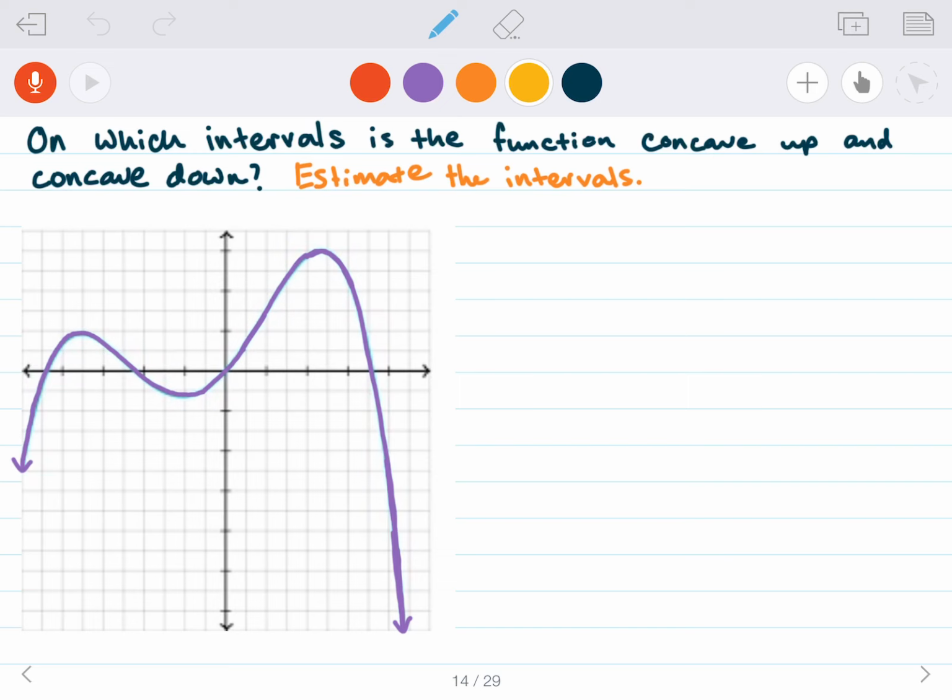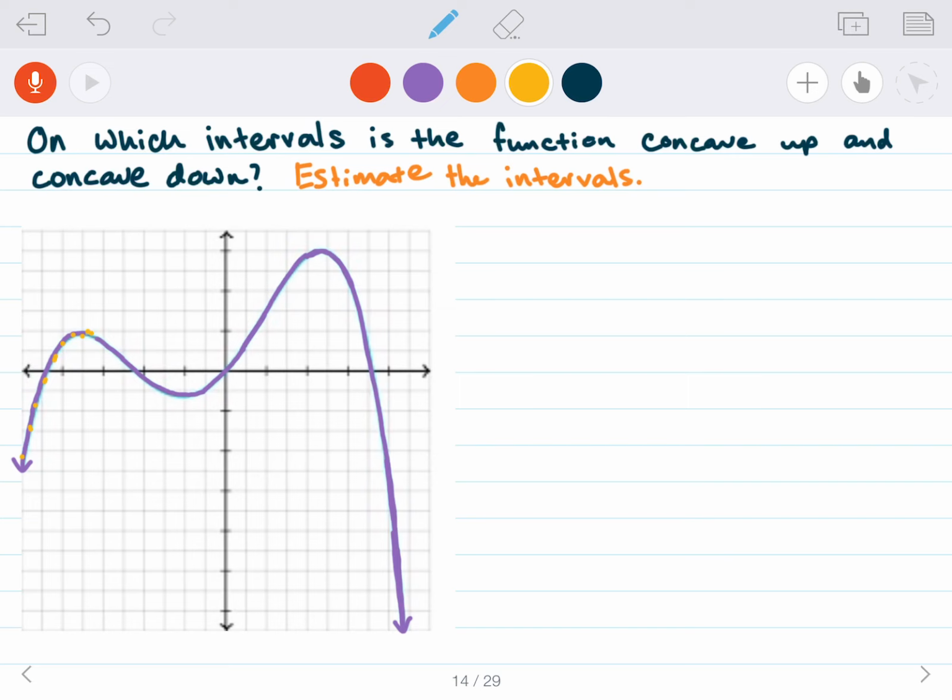And if I start from the left, it looks like we're frowning, frowning, frowning up until I would say it starts to smile. See, this is why we're just estimating. It's okay if it's not exactly perfect because we're just estimating here.